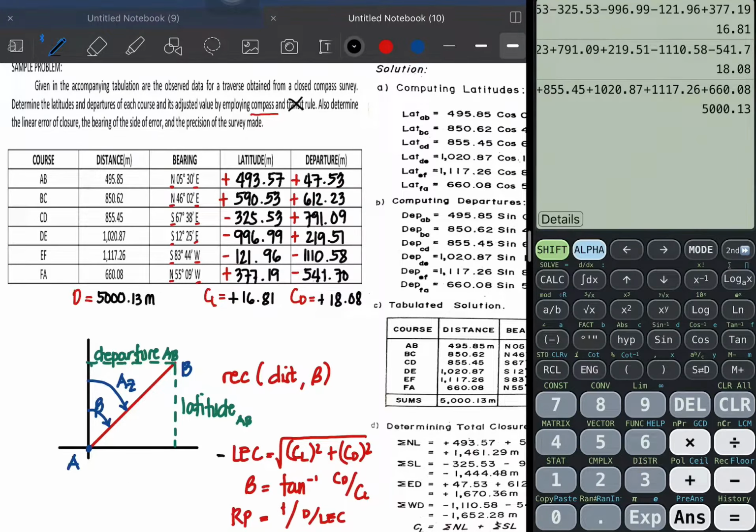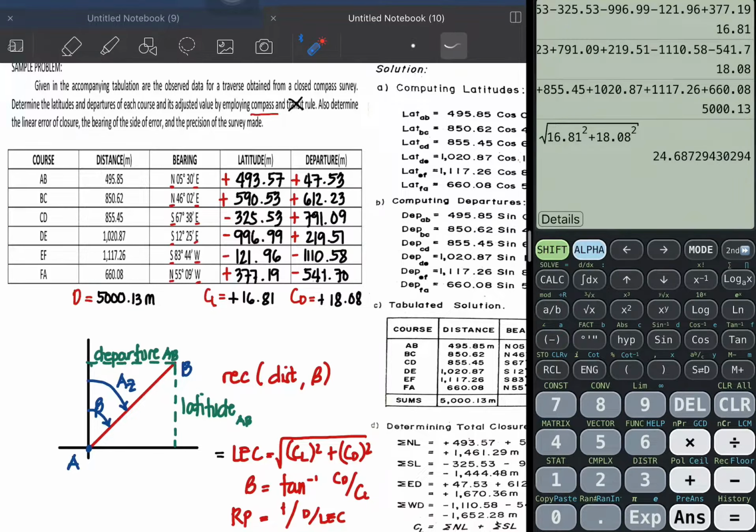So to solve for the LEC using these values, you can have the square root of 16.81 squared plus 18.808 squared. So you have your linear error of closure equal to 24.69 meters.